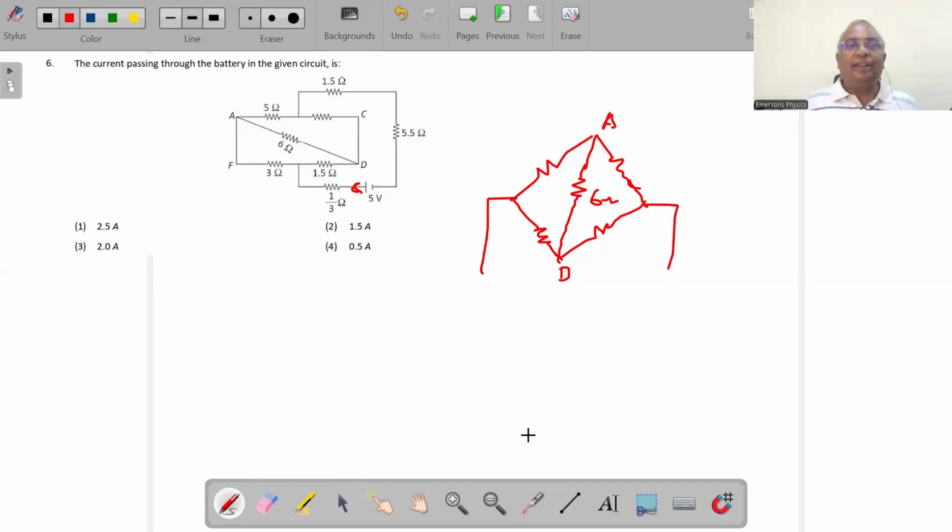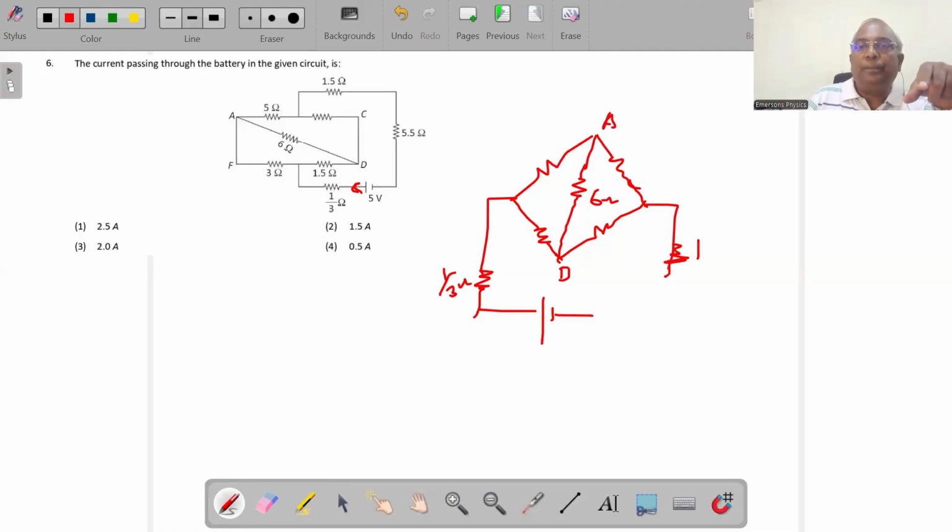Okay, this junction is connected with the resistance 1/3 ohm and 1/3 ohm, and then it goes to the battery directly. This junction consists of two resistances. We should be clear. Here there is a resistance 1.5 ohm, another resistance 5.5 ohm, and 5.5 and 1 ohm.